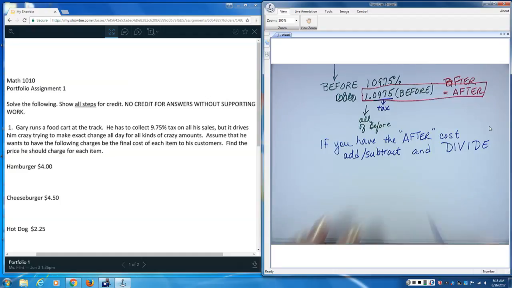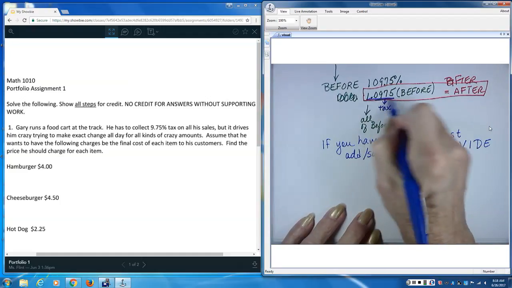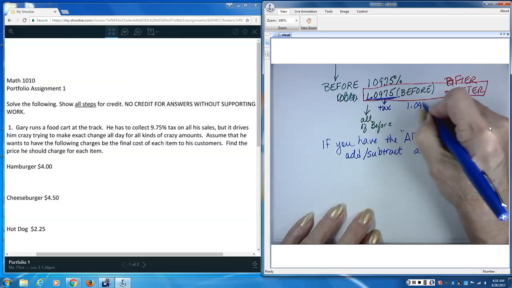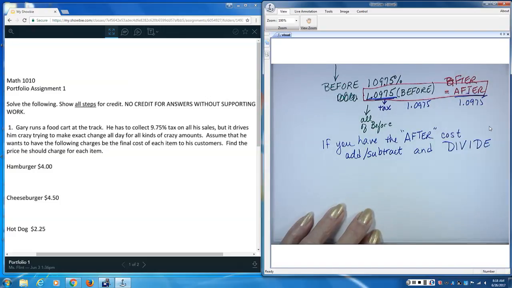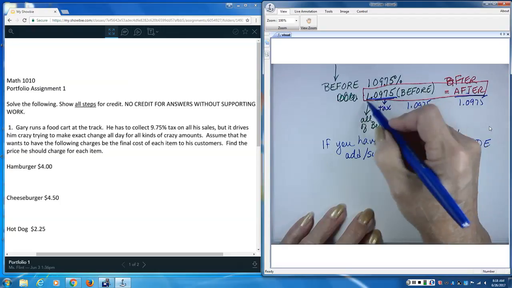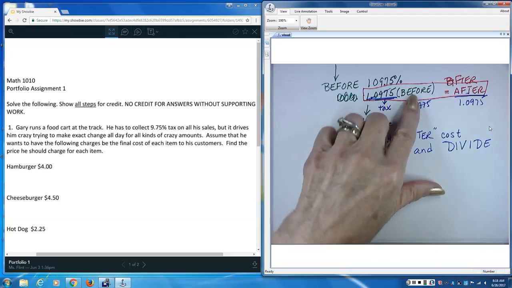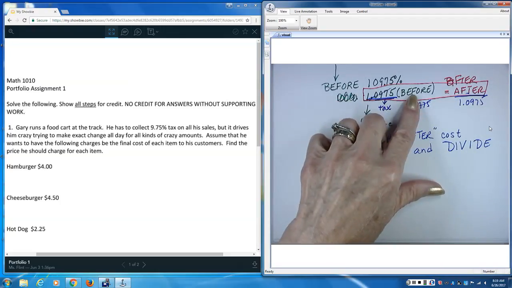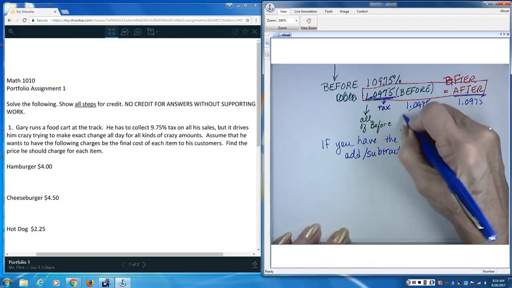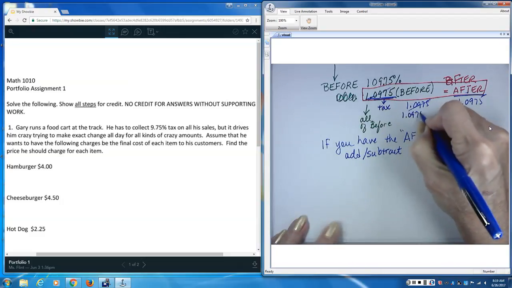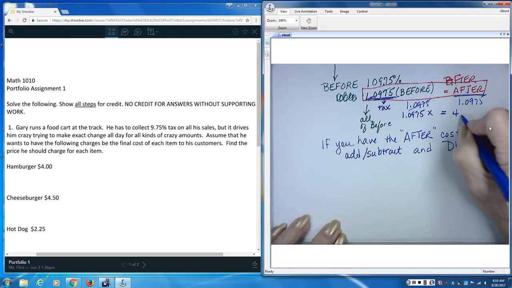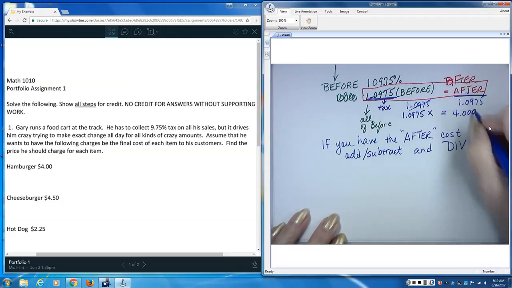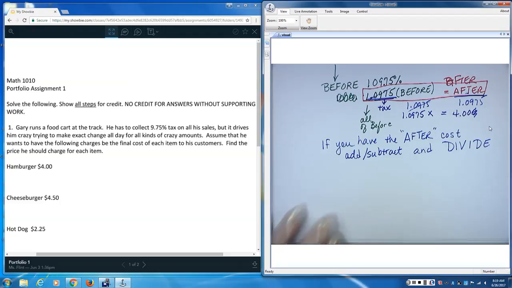What I'm going to do here is divide both sides by 1.0975 to cancel that out and have just the before as my solution, what you normally think of as X. In this case, it was $4. But I'm going to have to divide to solve the problem.